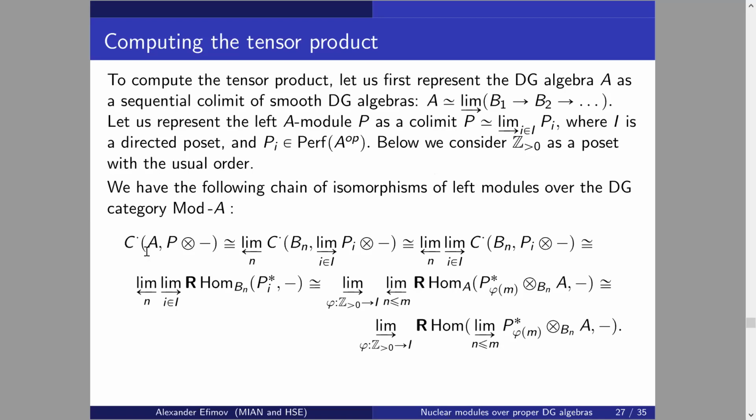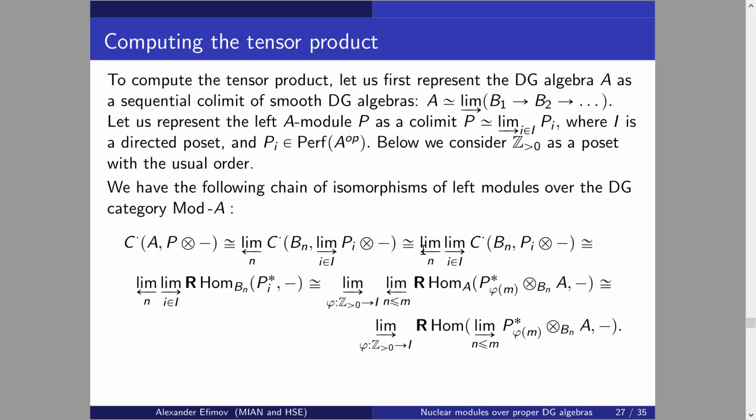First, Hochschild chains of A with coefficients in something is the same as the limit of Hochschild chains of Bn with coefficients in the same bimodule over A. Now, I expressed P as a directed colimit, and using the fact that Bn is smooth, it follows that Hochschild chains of Bn commute with filtered colimits.